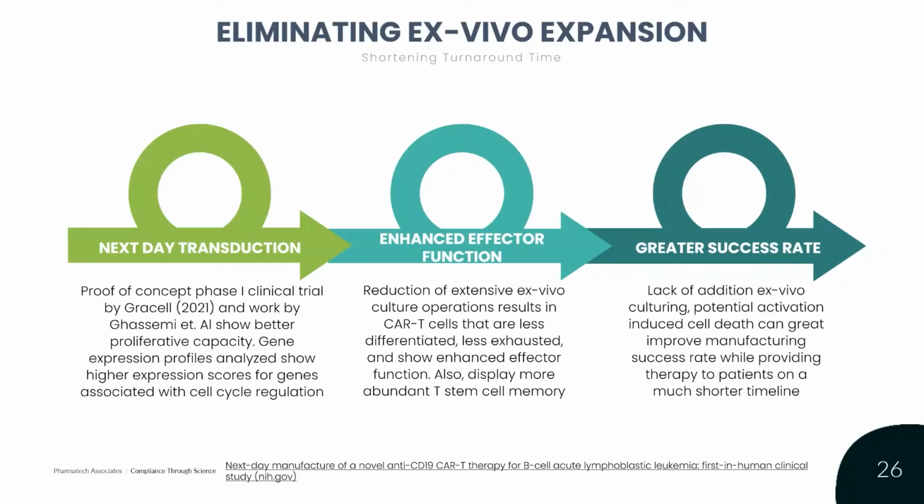This can greatly improve manufacturing success rates, because manufacturing success rates, especially in CAR T therapy, are anywhere from 60 to 75%. They are not 100%. So just because you have the patient's cells in hand, maybe you even have enough T cells, there's no guarantee that you're going to have the success that you're aiming for.